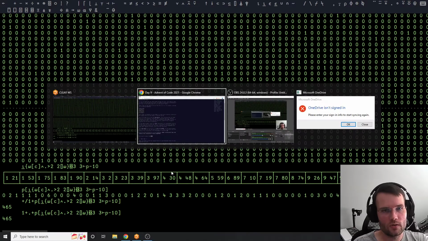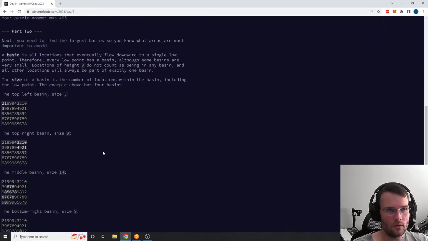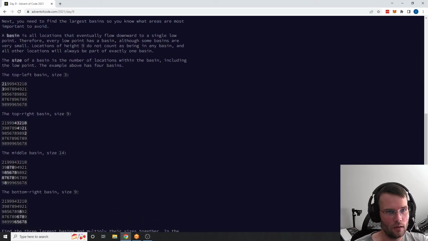Okay, so what is part 2? You need to find the largest basins so you know what areas are most important to avoid. Number of locations within the basin, including the low point. Importantly, locations of height 9 do not count as being in any basin, and all other locations will always be part of exactly one basin.